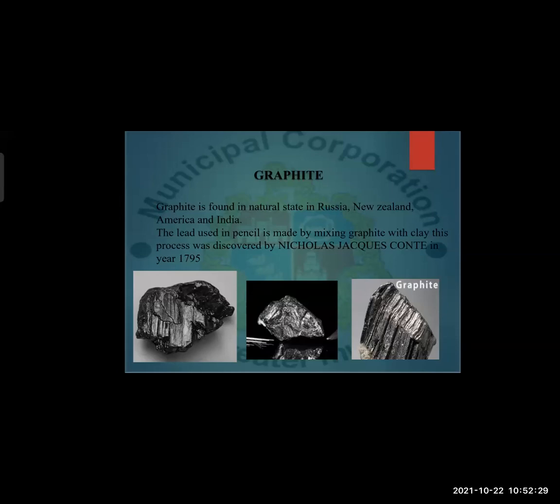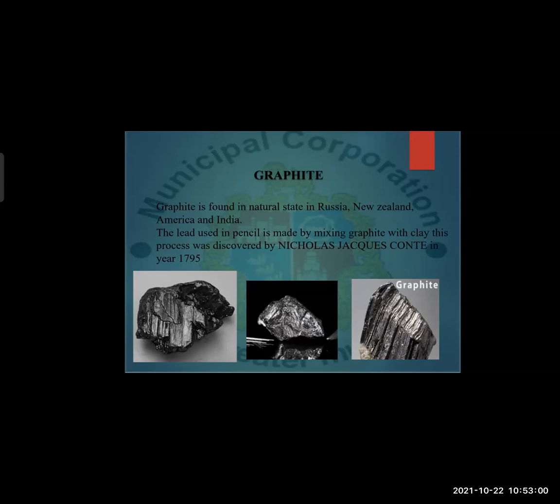The lead used in pencil is made by mixing graphite with clay. This process was discovered by Nicholas Jacques Conti in the year 1795. The lead which we use for writing in a pencil is grayish.